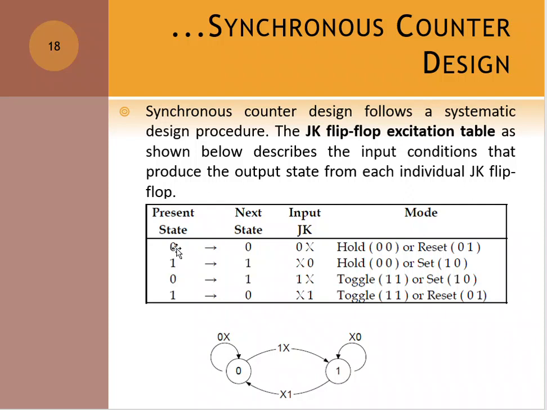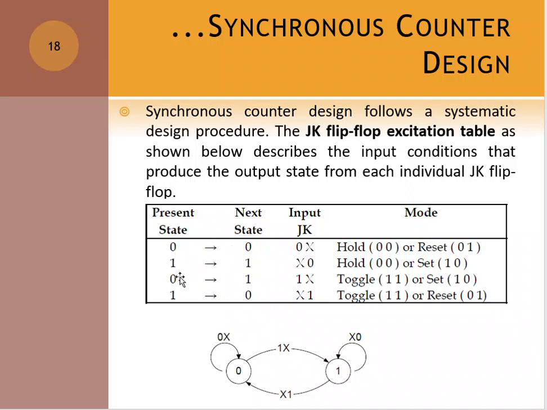If the present state is 0, next state will be 0 if J equal to 0, K equal to 0 or J equal to 0, K equal to 1. Okay. Maksudnya condition dia sama ada hold ataupun reset. Okay, kedua-duanya akan menghasilkan perubahan, maksudnya present state 0, next state pun 0.